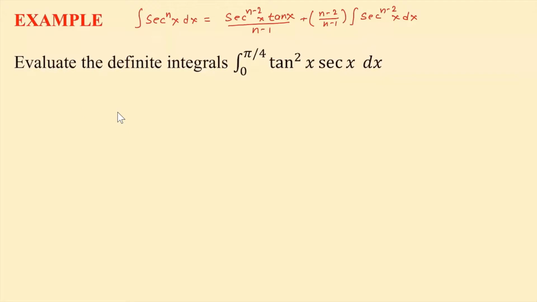Okay, here we have the definite integral 0 through pi over 4 tangent squared x times secant x dx. Now from the Pythagorean identity, what we know is 1 plus tangent squared x is secant squared x.